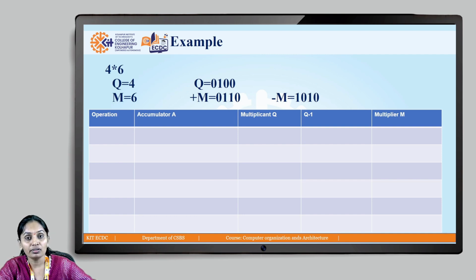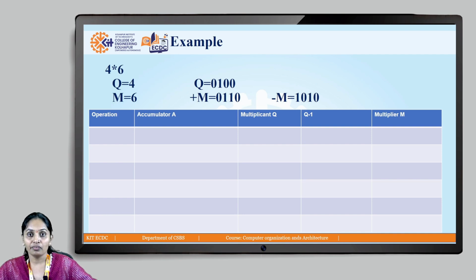Till the first 1, whatever digits are there, keep them as they are. The number is 0, 1, 1, 0, so the rightmost digit is 0, then 1. Till 1, keep the digits as they are, and after this take the 1's complement of the remaining digits. What is the 1's complement of 1? That is 0. And what is the 1's complement of 0? That is 1. So finally the minus M value is 1, 0, 1, 0.